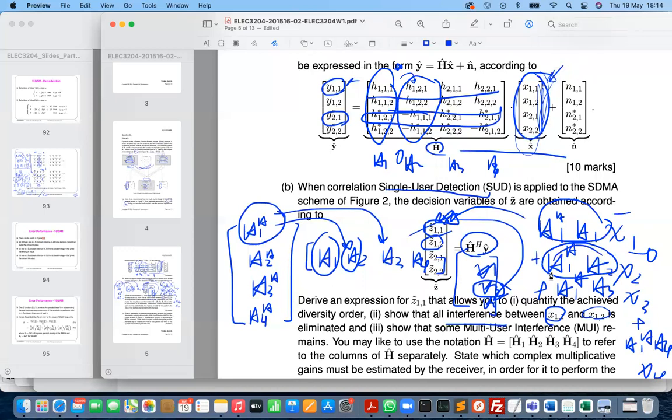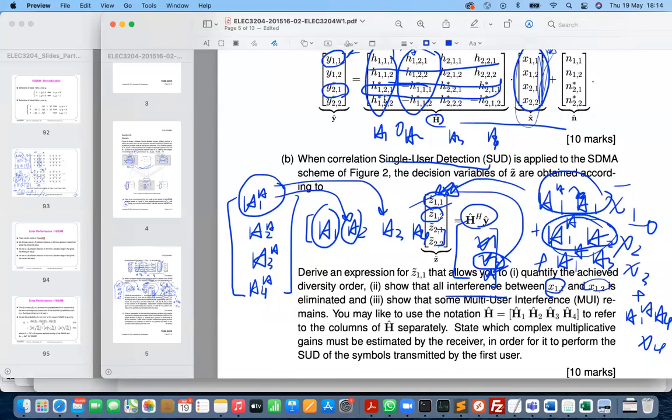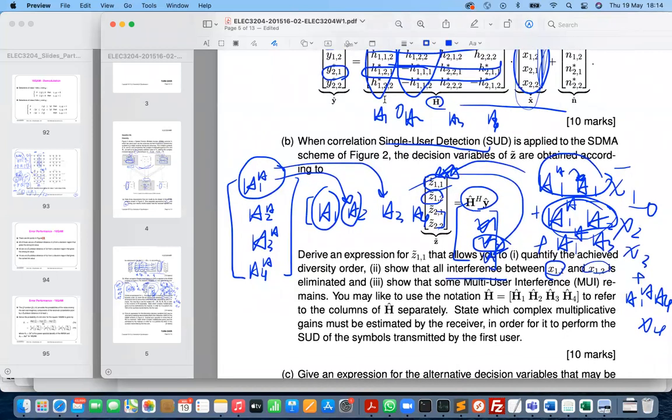And then the first column's conjugate multiplied by its own column, you get all the powers without any phase rotations. So if you just expand the equation, you'll see that there's no interference between x1 and x2.